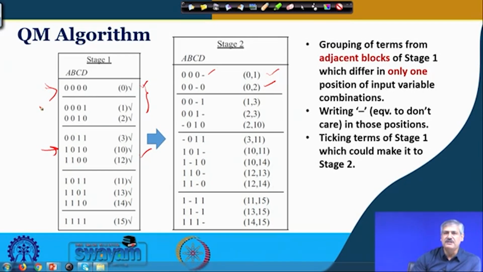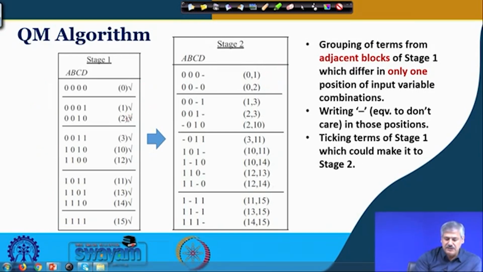These 2 positions they are differing, because of which you just cannot. So, subsequent blocks are differing at least by 2 positions, not 1 position. So, they cannot be grouped with this particular first block. Okay. So, we are not considering them, right.